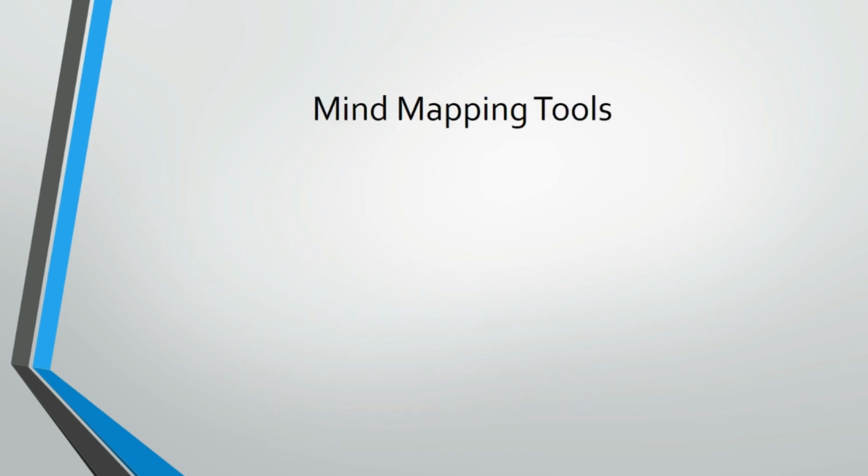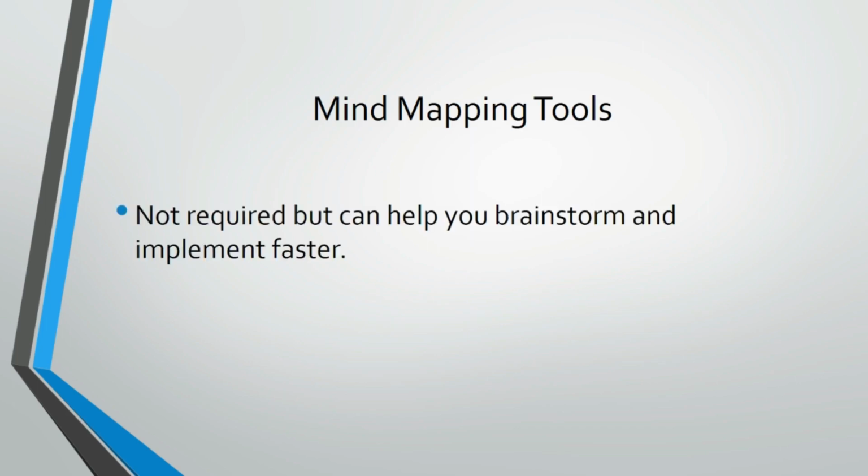So moving on, I want to talk about mind mapping tools. The reason why is because this is not really required, but it can definitely help you brainstorm and implement things a lot faster. So as far as implementation goes, once you've mapped things out, map out your perfect buyer's typical day.